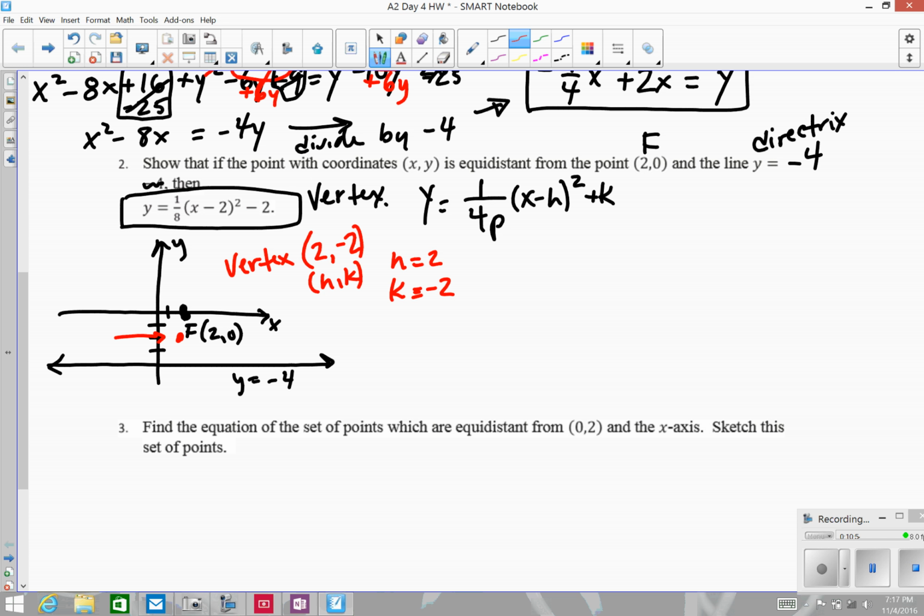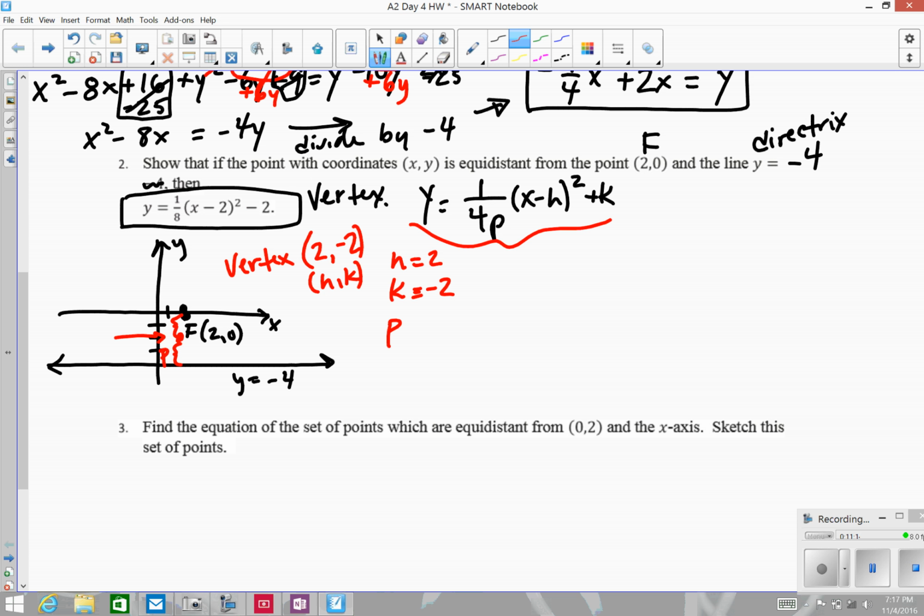And the only other thing I need to fill in my vertex formula here is the p-value. Now, if you remember, p is the distance from the focus to the vertex. So I need this distance here, which should be the exact same distance from the focus to the directrix.